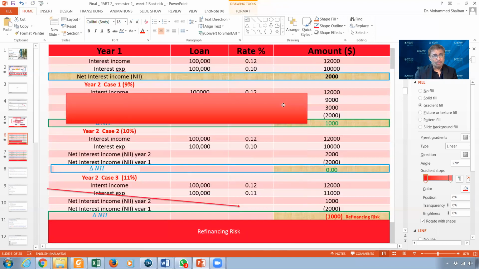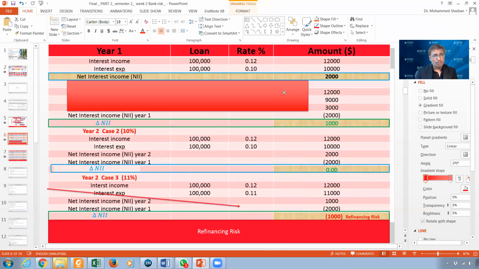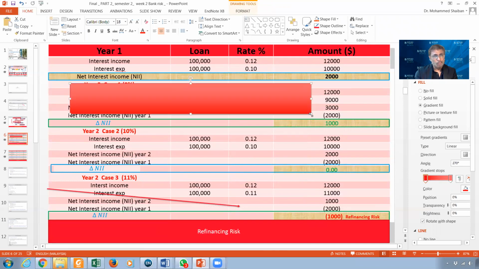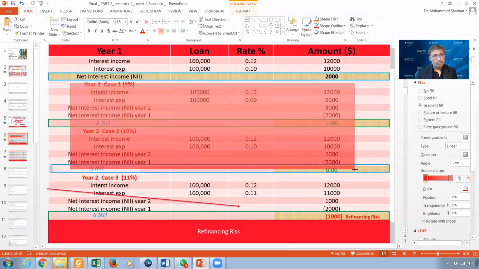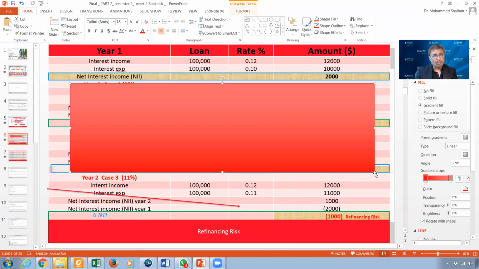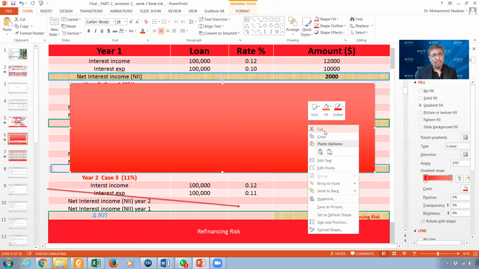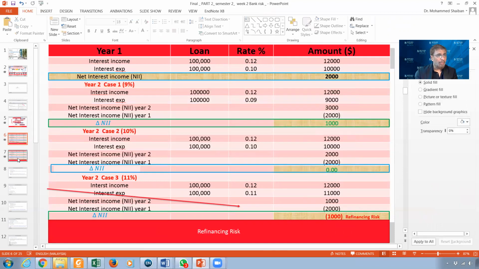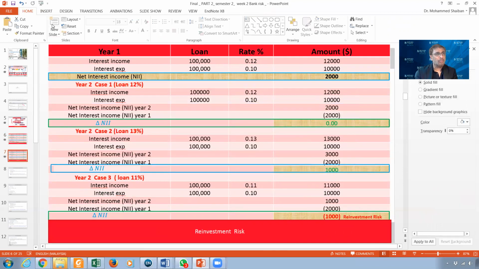It's not here, it's not here. So you can see all of this can cover, it's only this box, okay, which shows. Anyways, I don't think it's a difficult issue to understand. It's very simple, it's very straightforward.